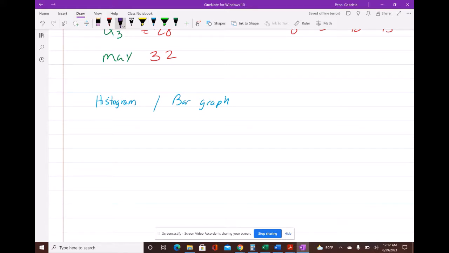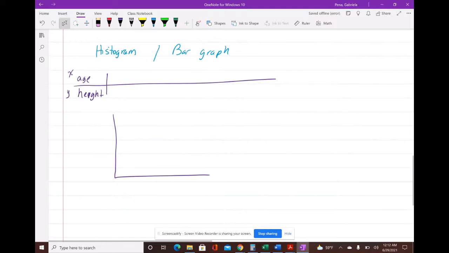Basically, when they give you information, let's just say age and height, and they give you a table, please understand this is your X and this is your Y. So when you number your histogram or your bar graph, your age is going to go here and your height is going to go here. Now, they might give you from 0 to 1 year and so on. Please understand you're going to do little divisions. You're going to do a histogram.